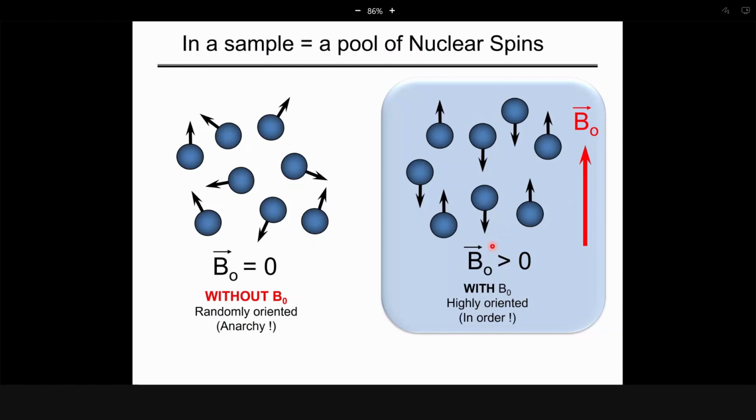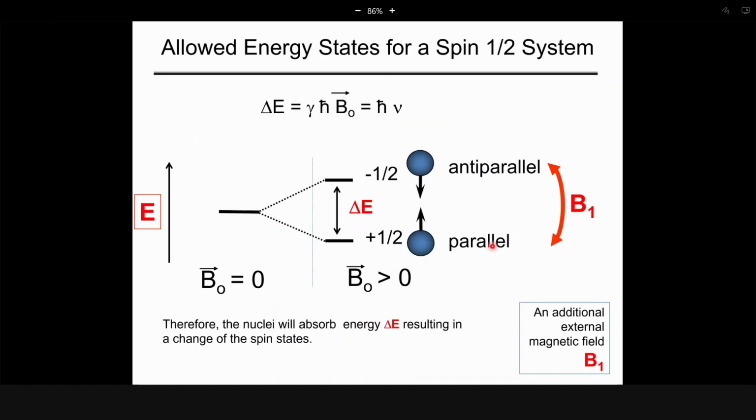If we want to have the resonance, then we need to apply another magnetic field, which is called B1. And when we apply B1, we will have exchange between the two energy levels. The value of B1 should be at least equal to the difference of energy between these two levels.